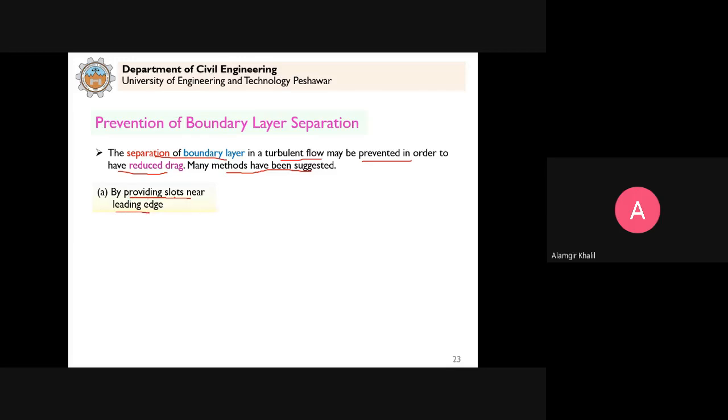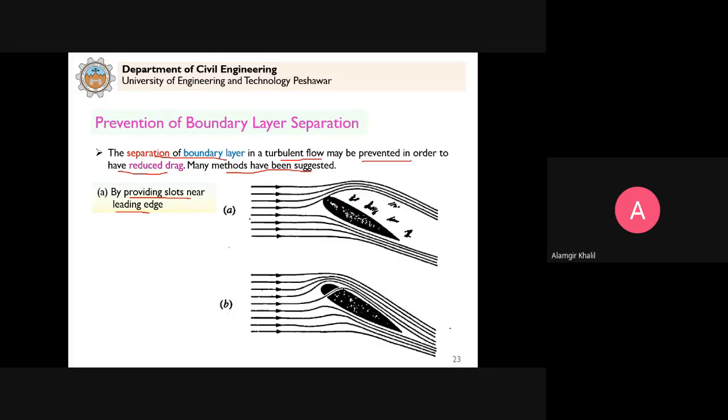Number 1 is by providing slots near the leading edge. You can see here that this is the object, for example, the airfoil. Now you can see here that the boundary layer gets separated here, and what will be the effect of this? It will increase the drag force on the body.